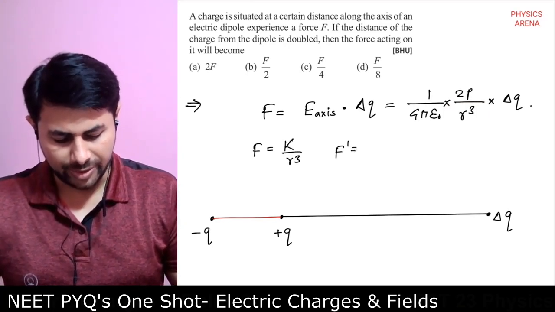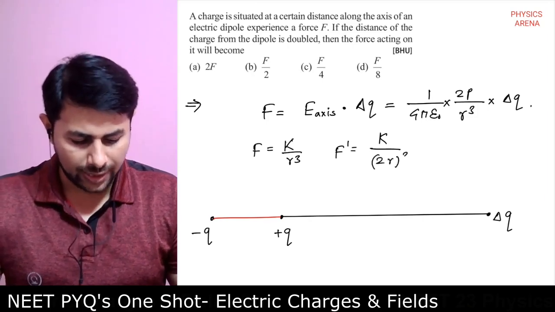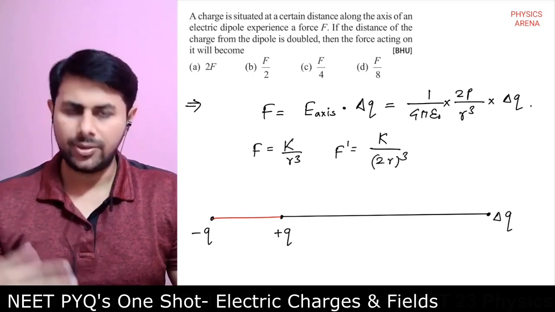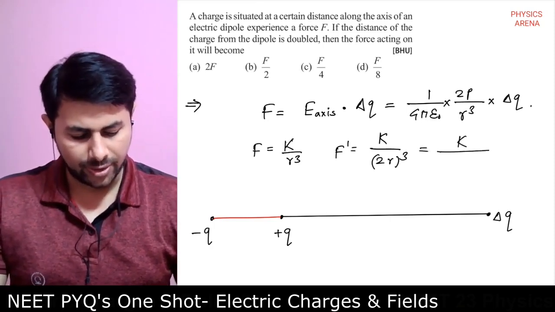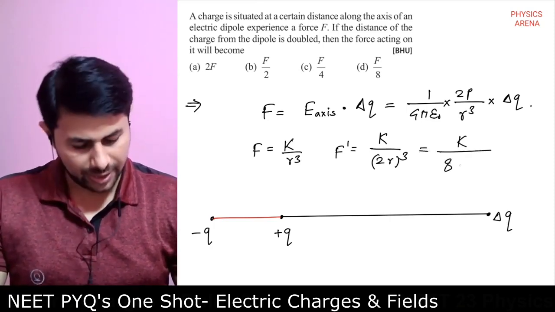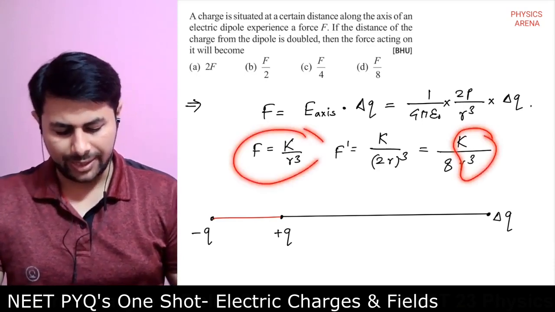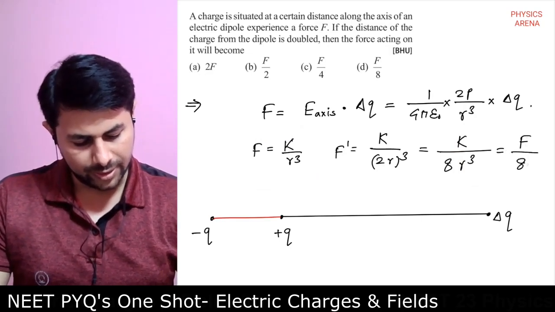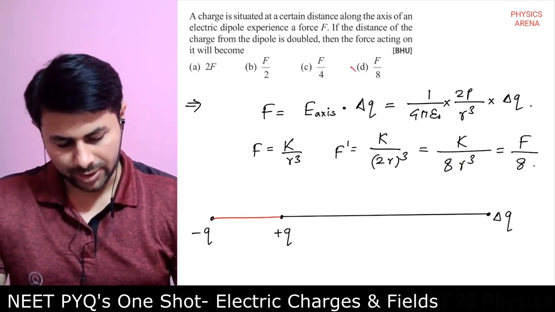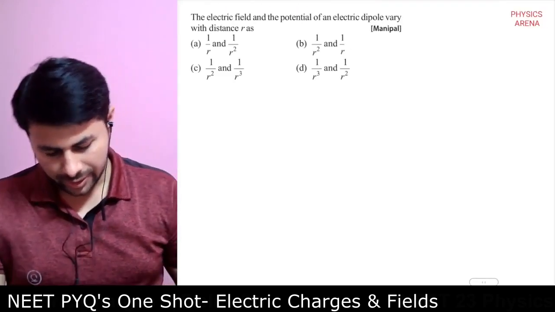So F dash will be equal to k divided by 2r cube, because the distance has become 2r now. So that is k upon 8r cube. And what is k upon r cube? It's F. So this is equal to F upon 8, option D. So this is a very simple question.